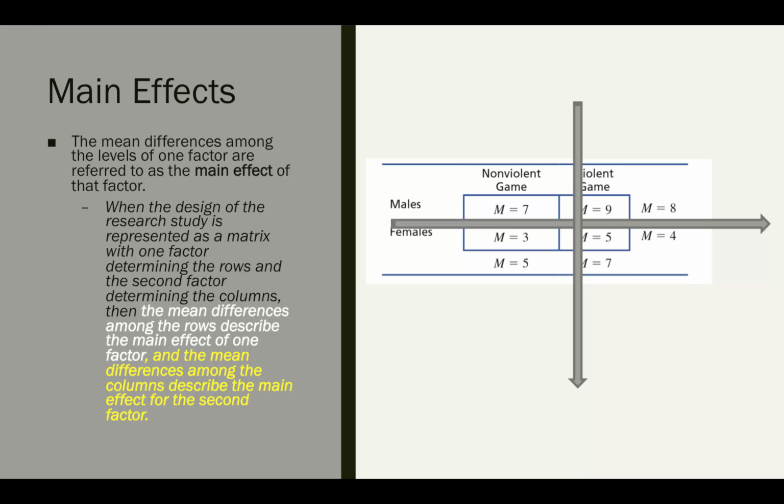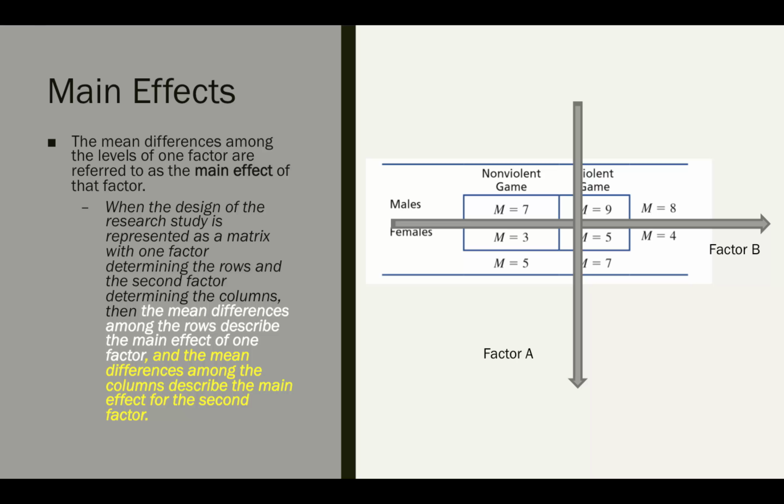Okay, so you have males versus females, and we have nonviolent games versus violent games, and those can be divided up, but you don't necessarily have to draw arrows and divide them up. I think that we'll be able to look at that and know which variables we're considering, and of course you can always somehow mark them, just in case you're a little confused between factor A and factor B. Okay, so factor A, males and females.